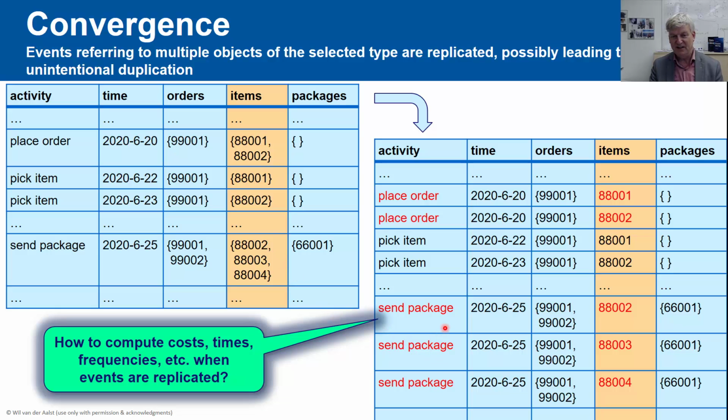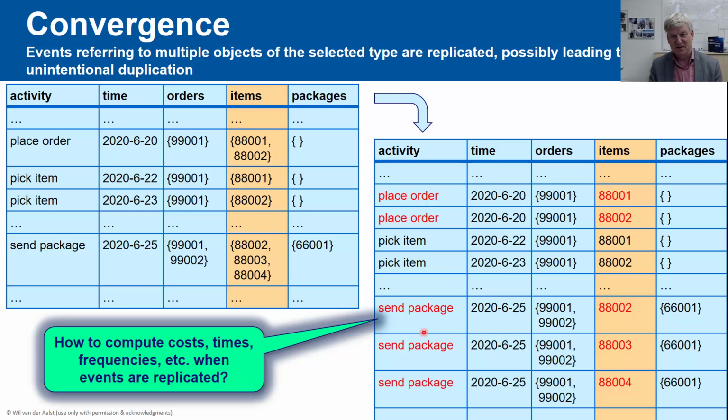If we now attach costs to it, or delays, we are getting very misleading diagnostics because this event happened only once and it is there three times. So we should be careful that if we do some cost computation, we do not suddenly count this event three times.